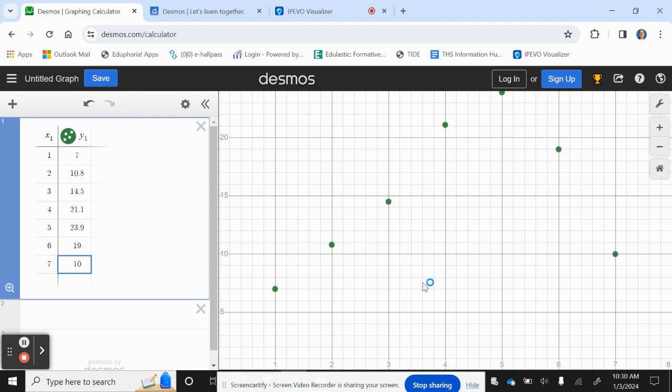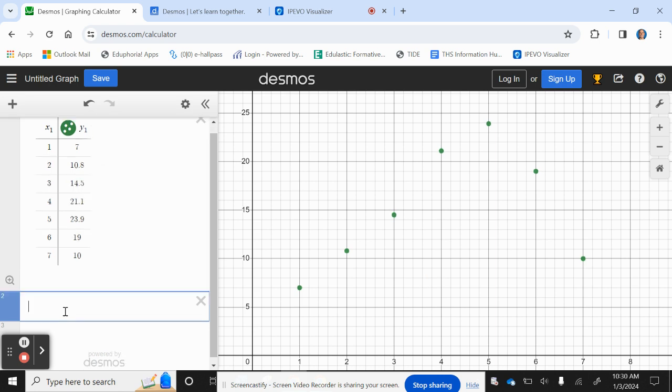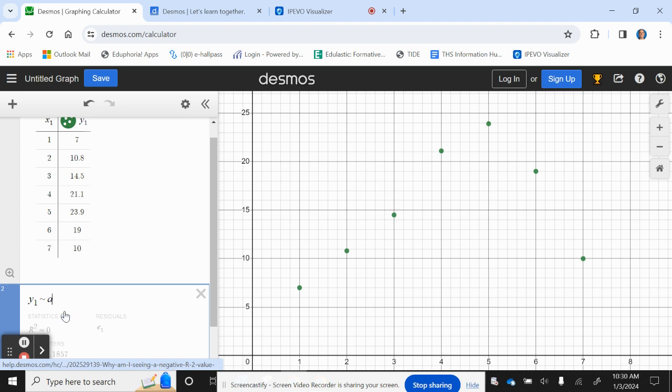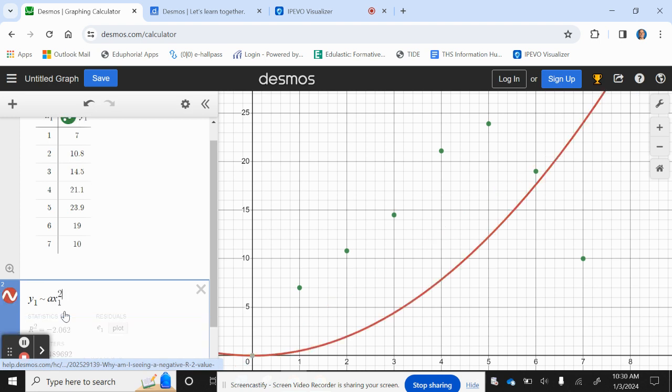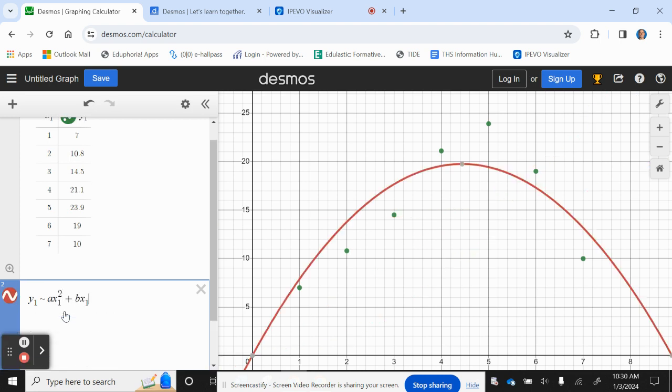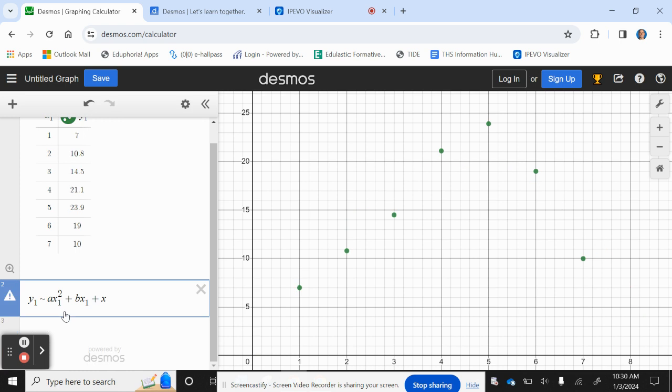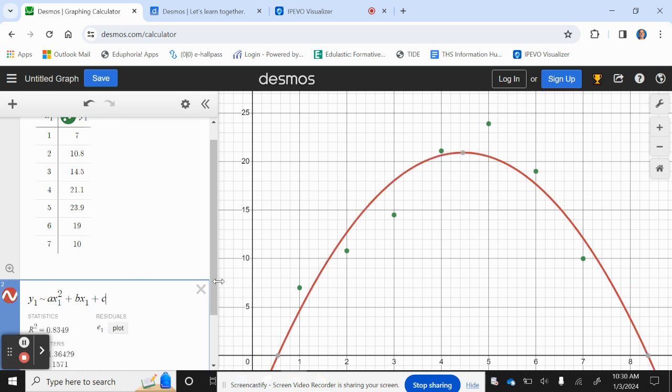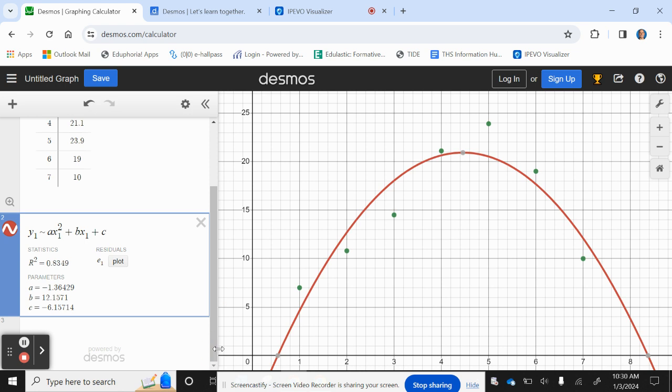Okay, we need to zoom out the window just a hair. And then let's go into quadratic first. All right, let's go and round to 1 decimal place.